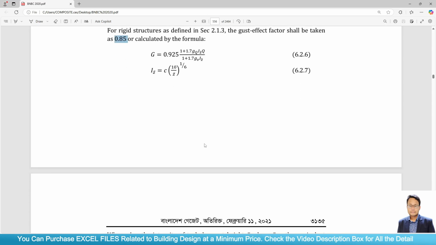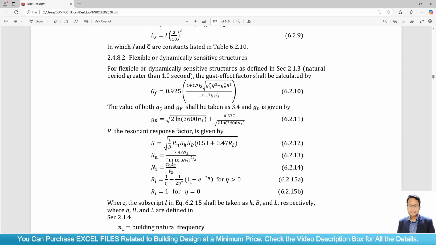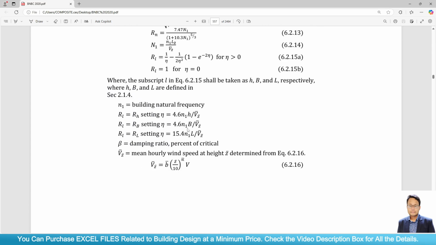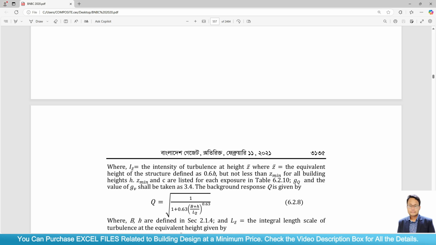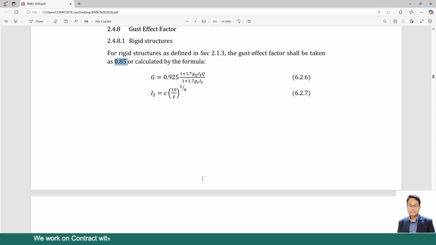But for a semi-rigid structure, you have to calculate the value from the equations given by the code. No worry, here I will use Excel. By using that Excel file, you can calculate the Gust factor for both rigid and semi-rigid structures.